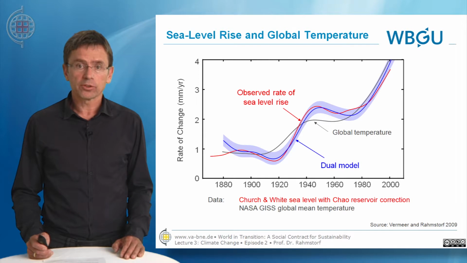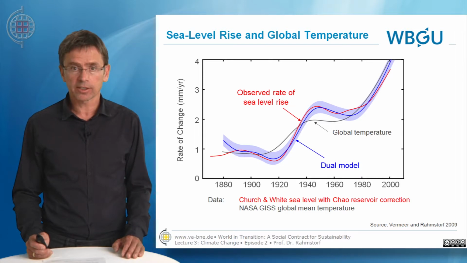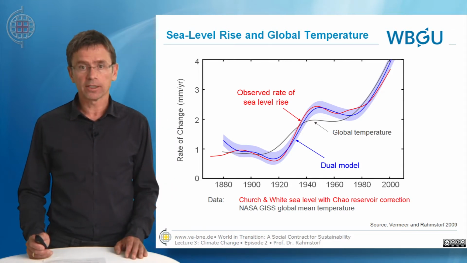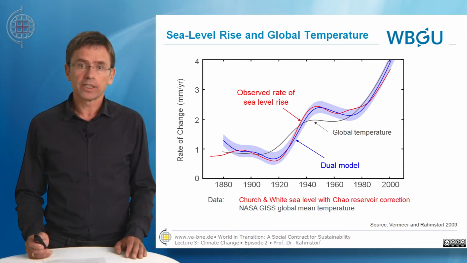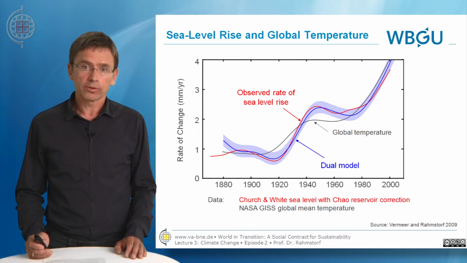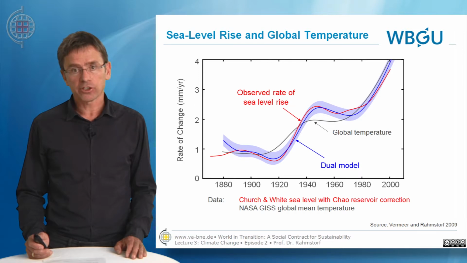The red curve shows the observed rate of sea level rise, and you can see this here going up from about 1 millimeter per year on the scale of the left to more than 3 millimeters per year over the last 100 years. I mentioned that fact earlier. But the gray curve here, that actually is the global temperature curve, which also goes up in a similar wave-like fashion as we saw in episode 1 of this lecture.